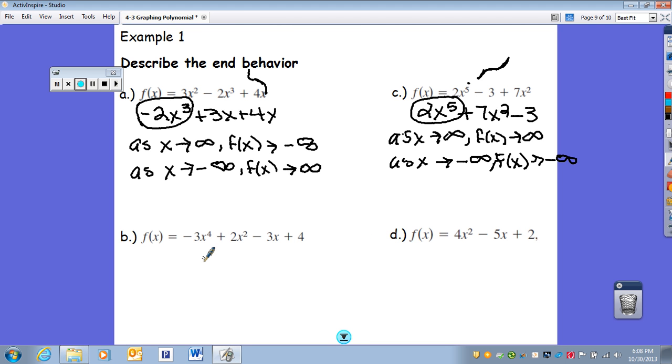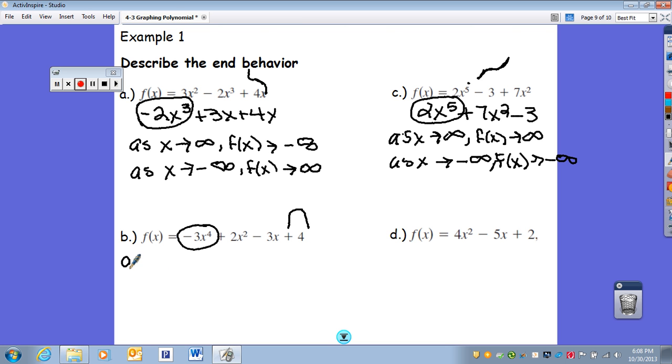Let's take a look at the next example, and this example happens to already be in standard form, so we're going to take a look at our largest degree, which is to the fourth, and our leading coefficient is negative. So that's going to look similar to our parabola that's flipped over the x-axis.